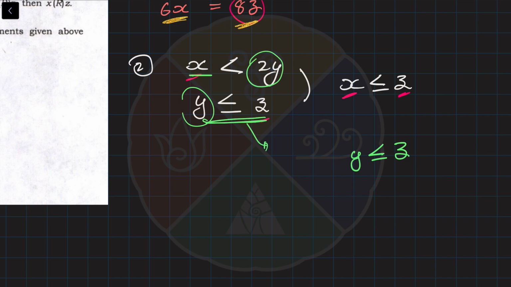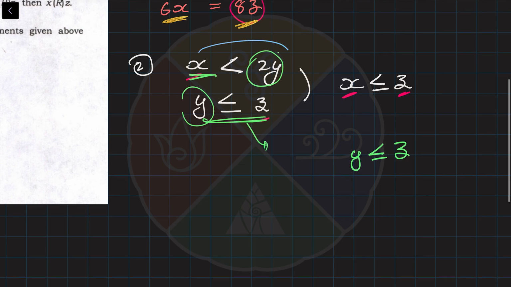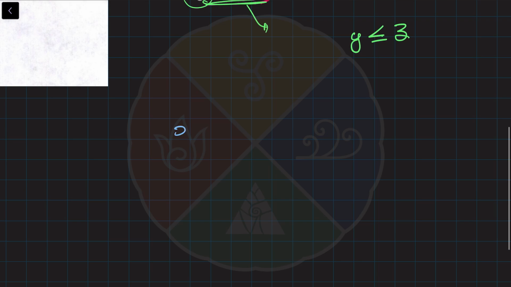That is fine. But here x is less than 2y. We have no idea how x and y are related. It might be less, it might be greater, because x is less than 2y can mean anything.